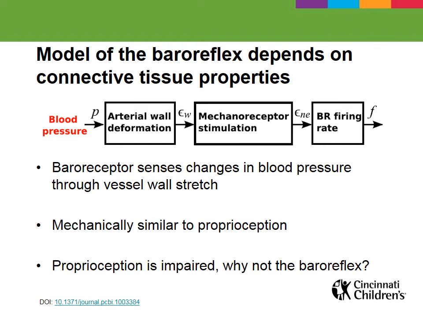That is the model of how this system works, and we might expect that, similar to proprioception, changes in the stretch and recoil properties of either the arterial wall or of the baroreceptor itself could change the way it functions. Now, studies to date have had difficulty pulling this out, so it remains a model, but nonetheless, this model seems to fit our patients.